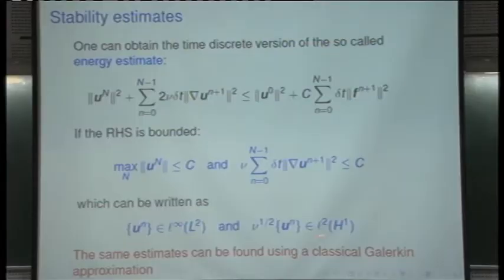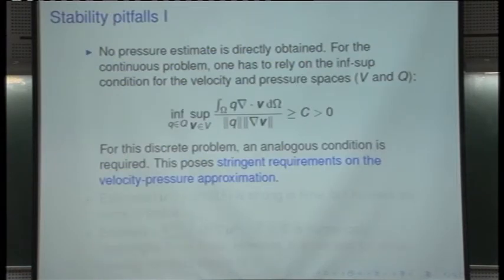Well, the same estimates can be found using a classical Galerkin method. If we use a Galerkin method, we obtain exactly the same thing, the same stability estimates. So what are the stability pitfalls of the Galerkin method? That's what we have seen yesterday, essentially. We have to satisfy the inf-sup condition to control the pressure.